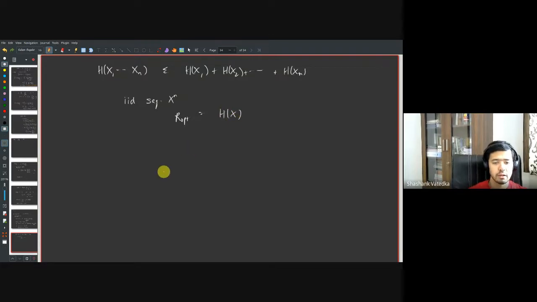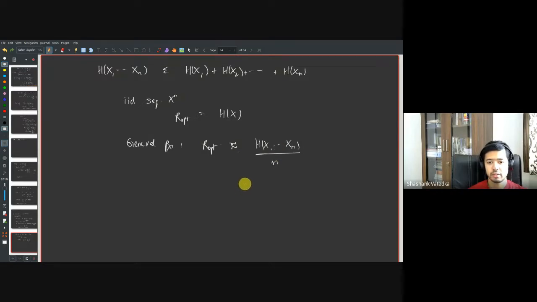But in general, for a general joint distribution P_{X^n}, the optimal rate is equal to H(X1 through Xn) divided by n, in the limit as n tends to infinity. For a specific n, the optimal k over n is roughly equal to H(X1 through Xn) divided by n.